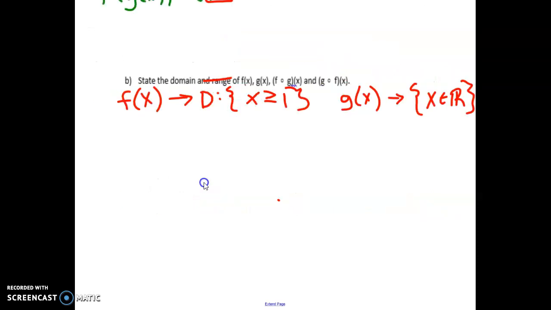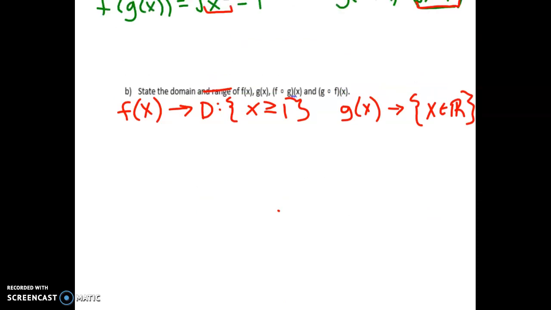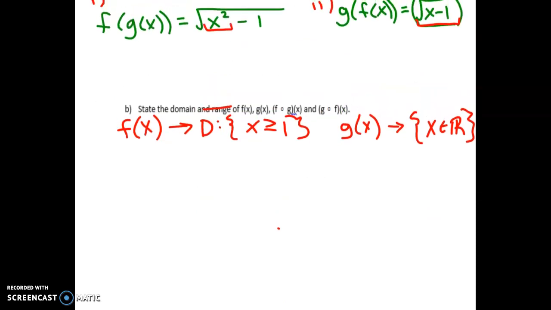So the function of f of g of x is x squared minus 1. Now let's think about what this graph looks like, you guys. The graph of x squared minus 1 is a parabola moved down 1 unit. So it's a parabola that looks kind of like that. It's moved down 1 unit. When you square root a parabola like that, we did that already in our radical function unit.